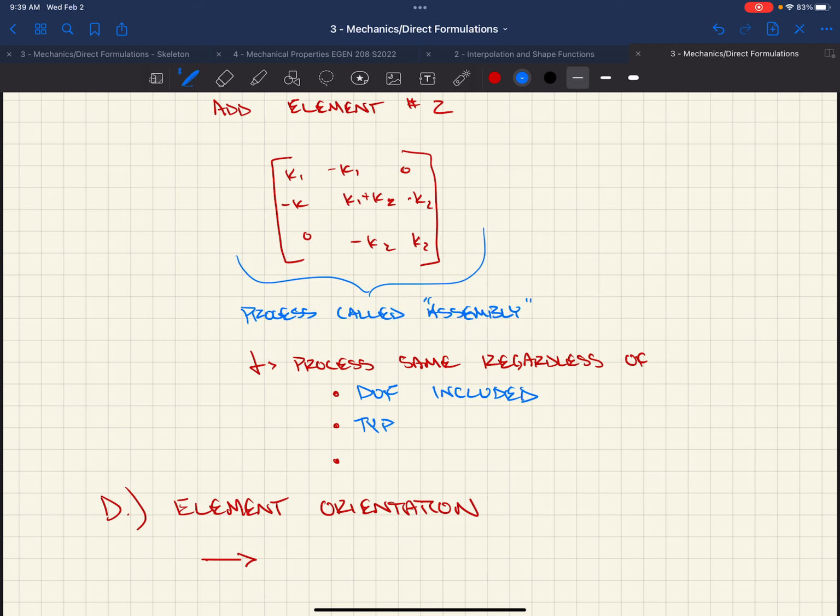It's the same regardless of the types of elements included, and regardless of the way the elements are formulated also.